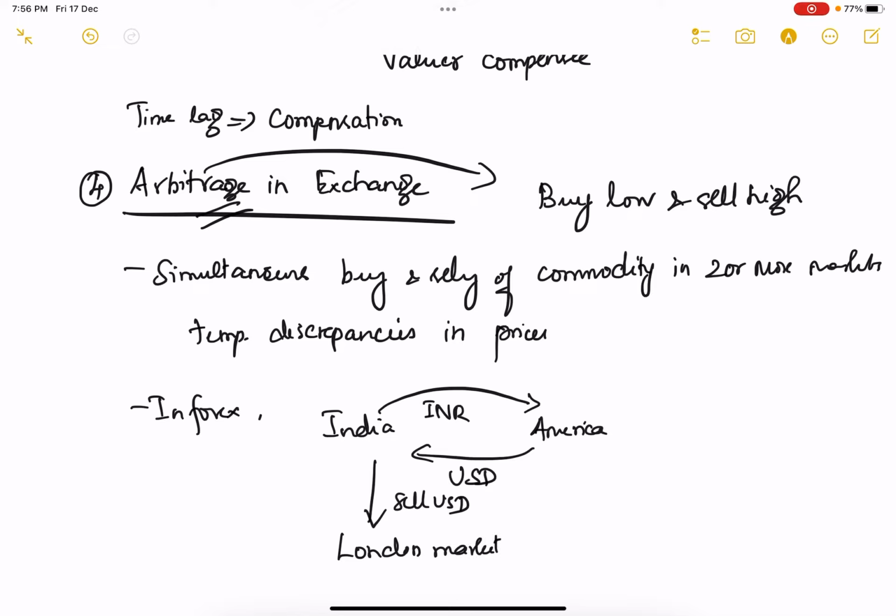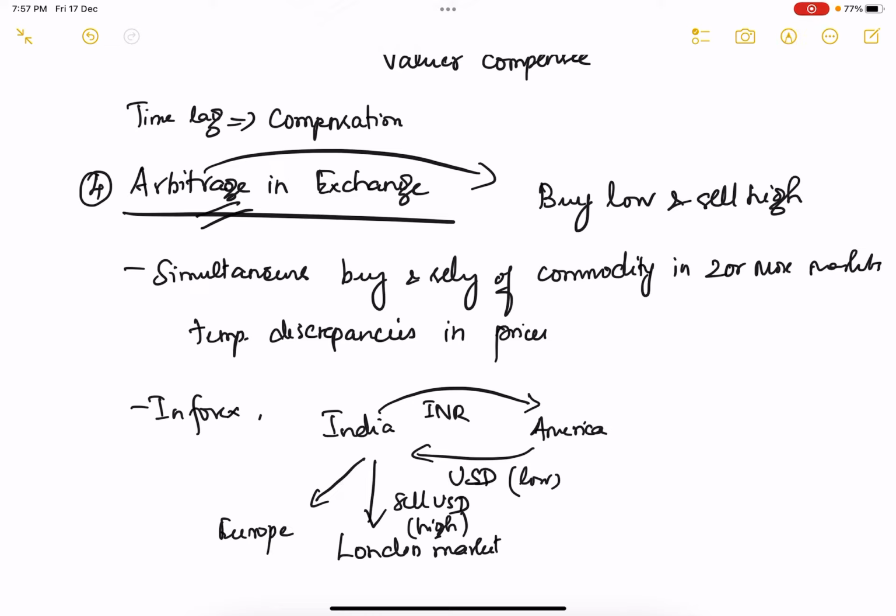So I buy US dollars at a low price and I sell US dollars in the London market at a high price. So this is known as arbitrage. So I sell USD in the London market as well as I also sell USD in the Europe market.